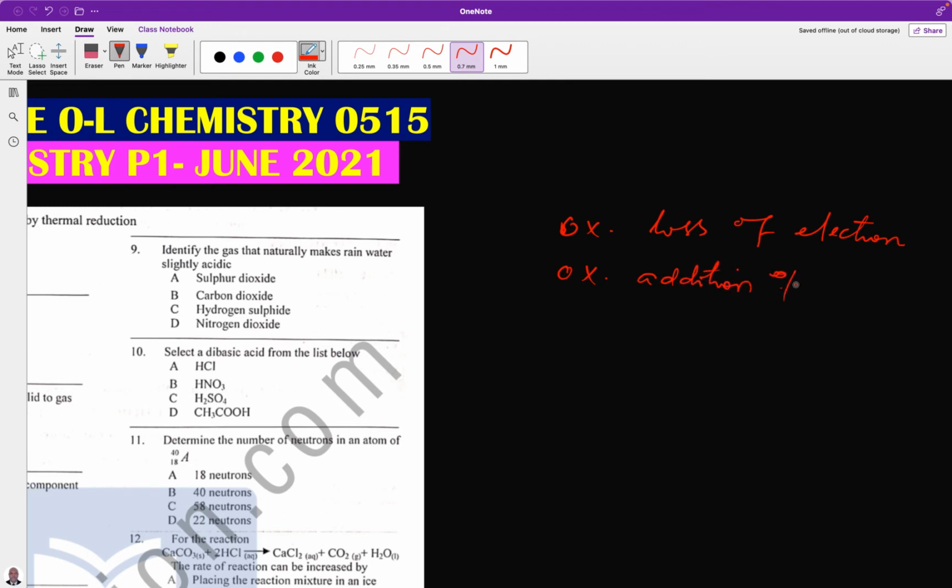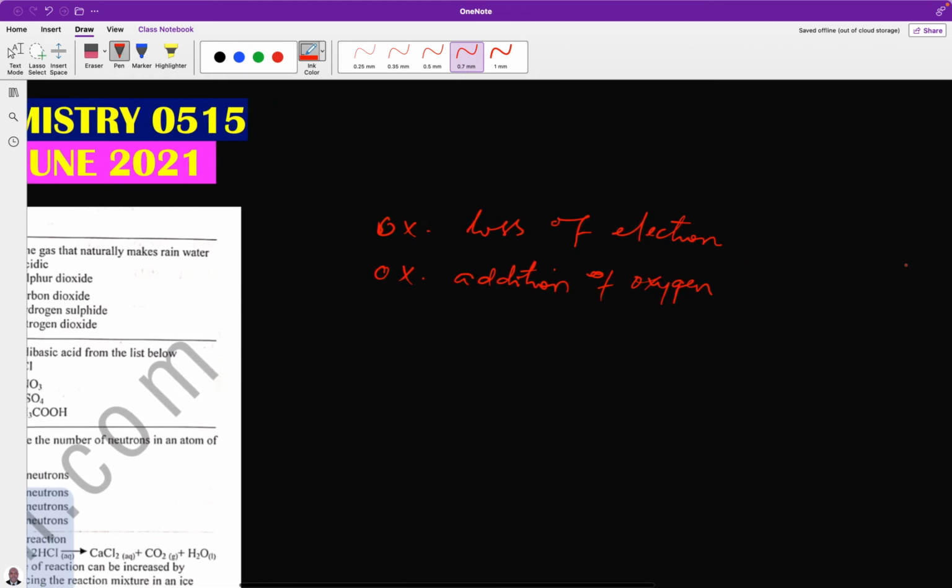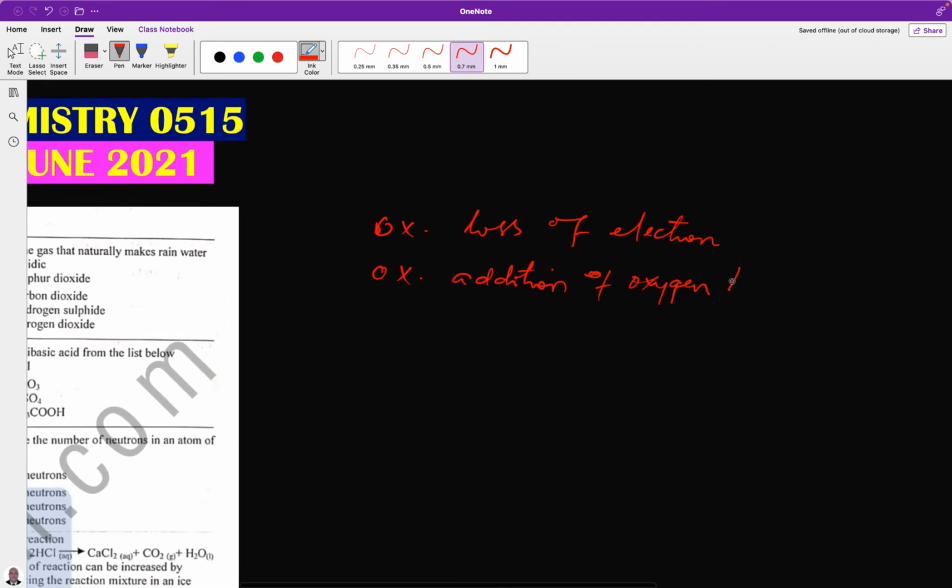Addition of oxygen to a substance, a compound or an element, and so on. Now let me give you a small equation to show that oxygen is the addition.